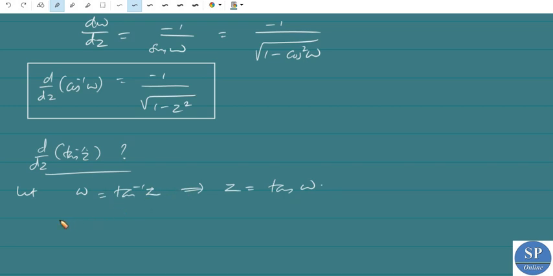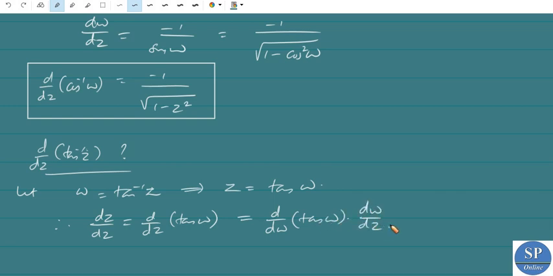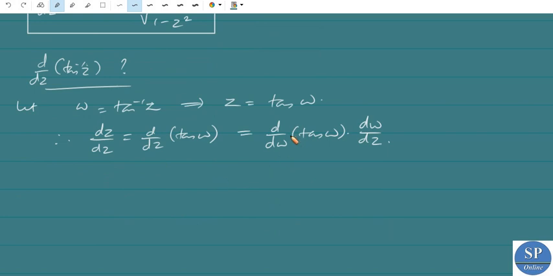Therefore, by differentiating with respect to z, we have dz by dz is nothing but d by dz of tan w. From this we can write d by dw of tan w into dw by dz. We have d by dw of tan w is nothing but sec square w into dw by dz. So this is equal to 1, that is dz by dz.